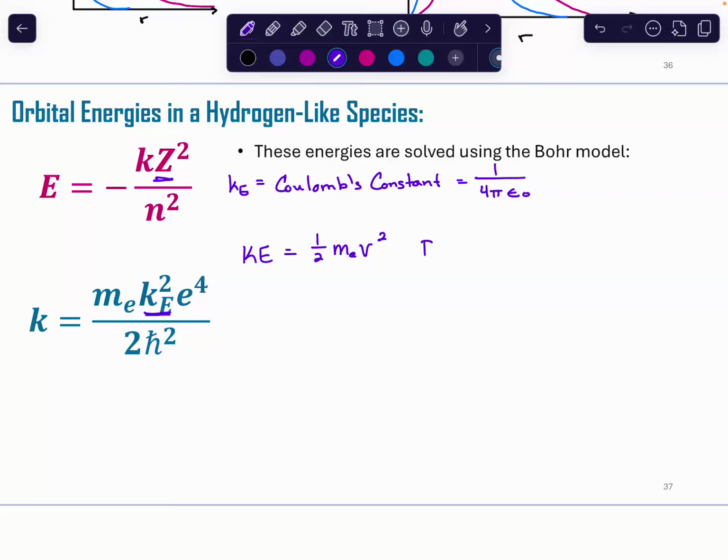The potential energy of the electron. Now, this is going to be a Coulombic potential. So Coulombic potential is going to be your negative Coulomb constant.